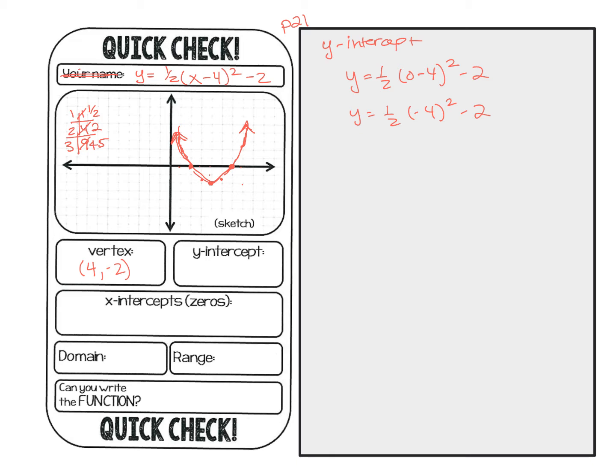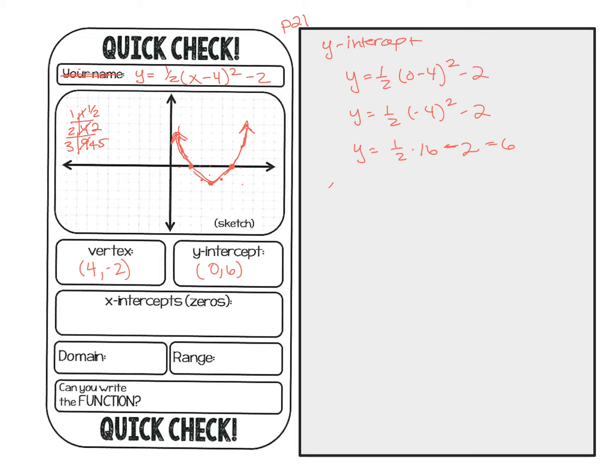Keeping with PEMDAS, exponent second, negative 4 squared is positive 16. So now I have 1/2 times 16, which is 8, minus 2, or 6. So it looks like my y-intercept is going to occur at (0, 6). And you could put that on your graph and also use that to help you graph your parabola.